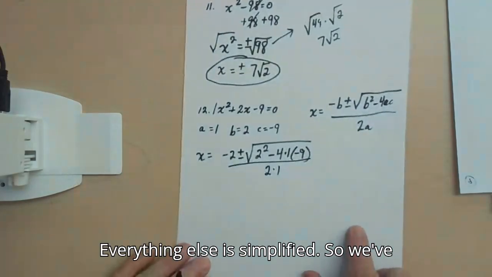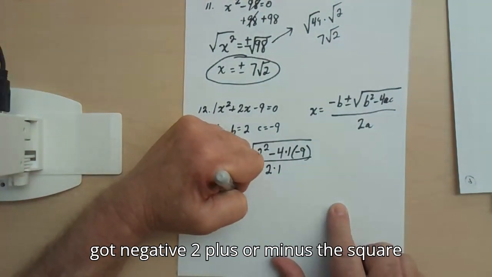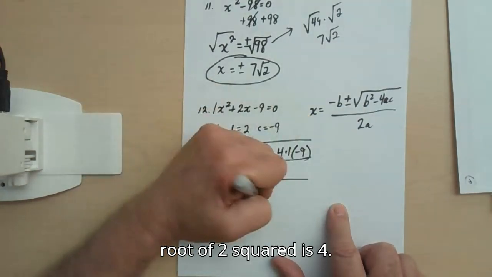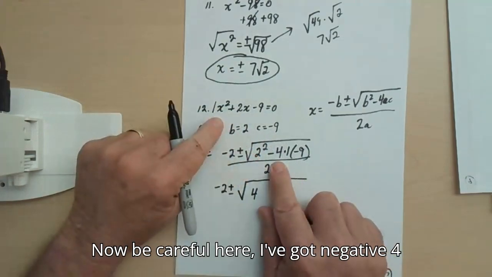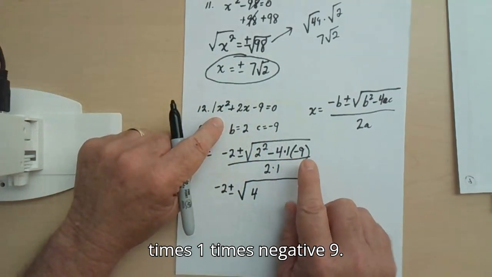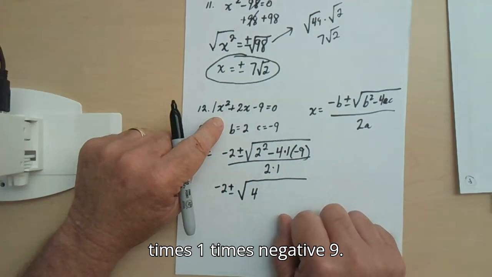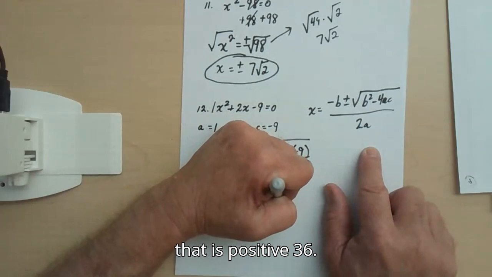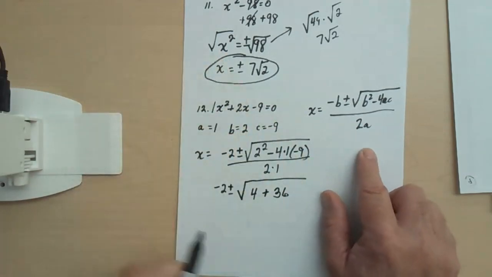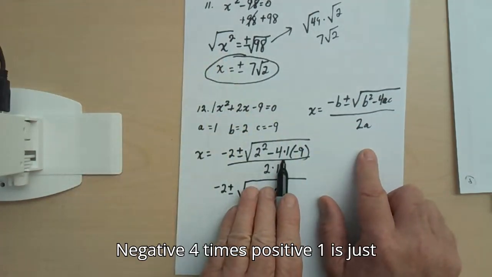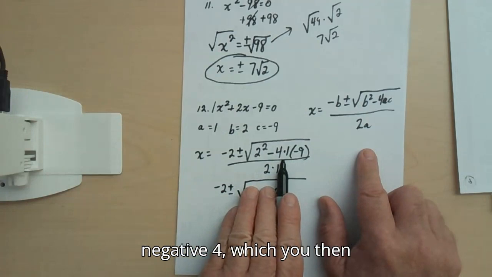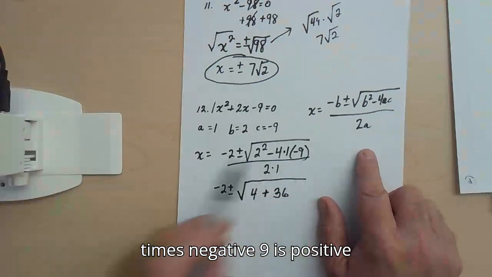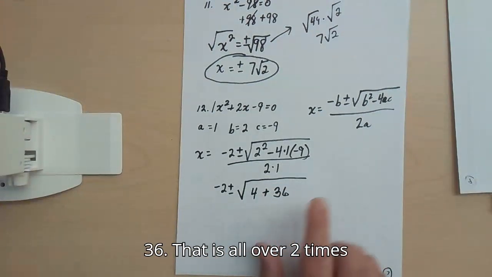Everything else is simplifying. So we got -2 plus or minus the square root of 2 squared, which is 4. Now be careful here. I've got -4 times 1 times -9. -4 times 1 times -9, that is positive 36. -4 times positive 1 is just -4, which you then multiply times -9. -4 times -9 is positive 36.